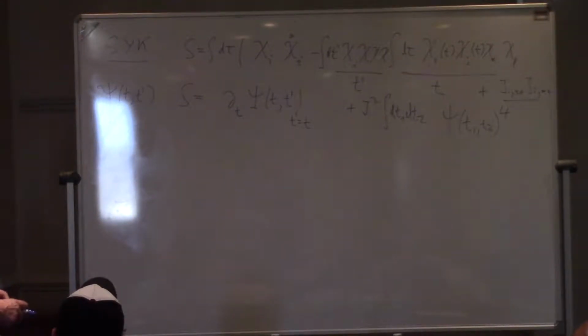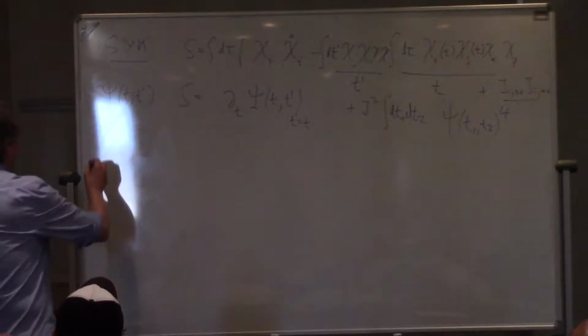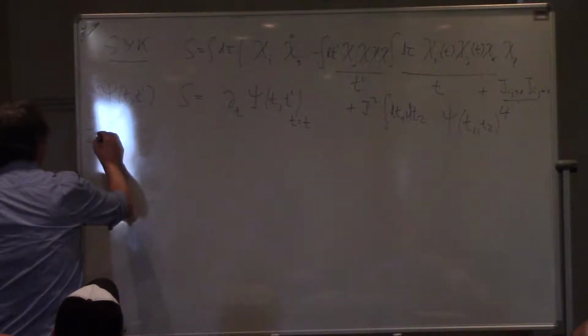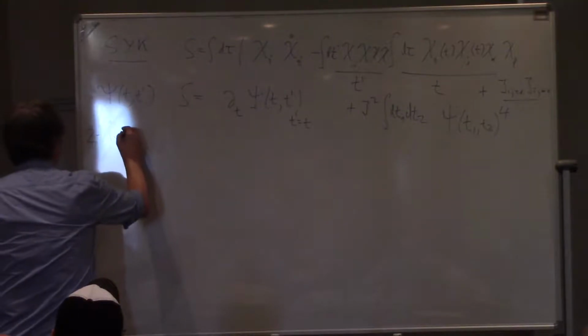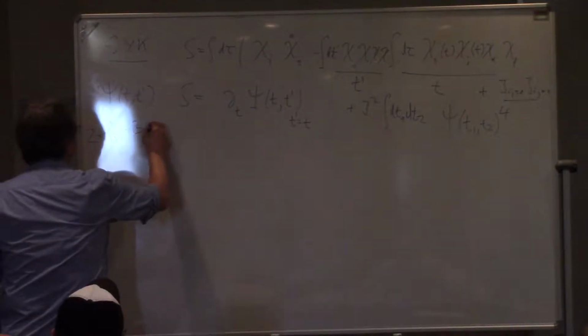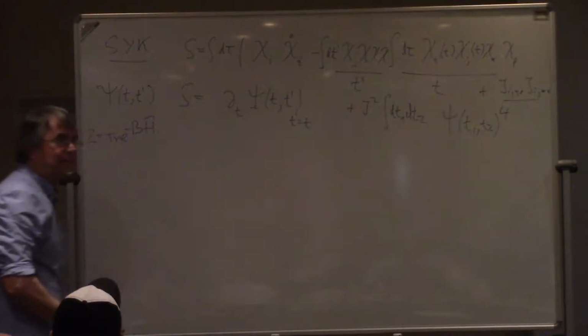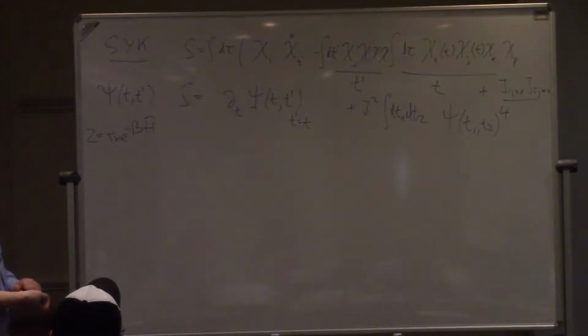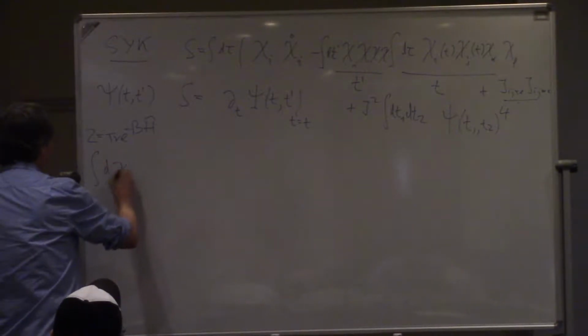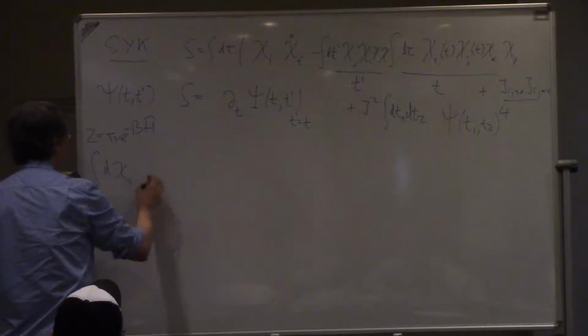But this is not the full action. You are studying the integral Z, trace of e to the minus beta H, which I defined already, but I performed a couple of steps. And the original integral is really over chi, the Majorana fields.